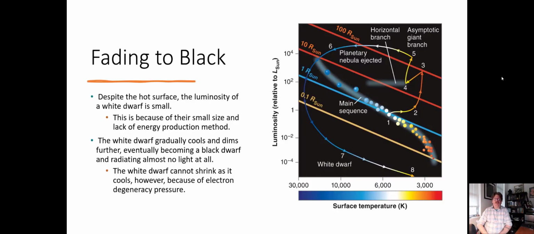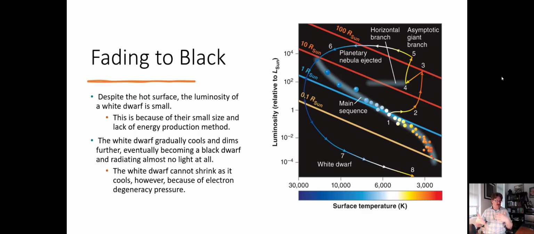Now, as I mentioned, the last stage of evolution for these white dwarfs is that they are just radiating away their inherent energy and turning into... There really isn't a name for this. I don't know quite why, probably because we haven't actually found one. But theoretically, they exist. A white dwarf will eventually cool off to become a black dwarf.